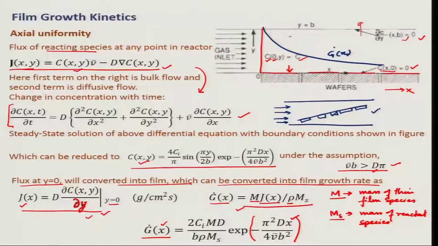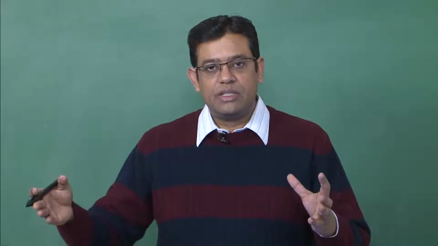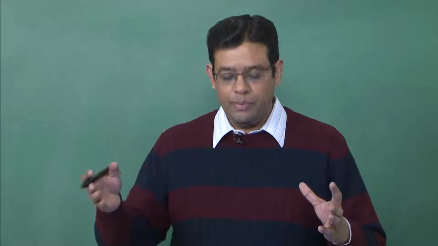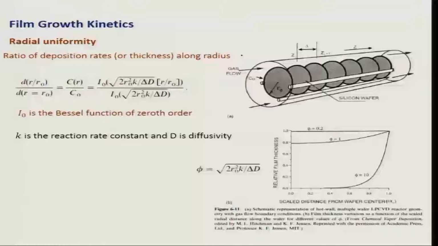Now, let us look at another geometry of thin film deposition. Many times we use a tubular reactor and vertically stack our wafers to have thin film deposition. Such an arrangement is shown in this figure, in which silicon wafers on which we want to deposit thin film are stacked vertically in a tubular reactor.